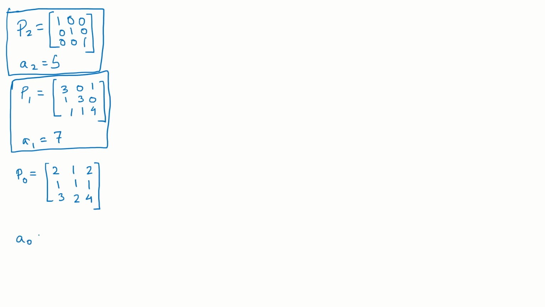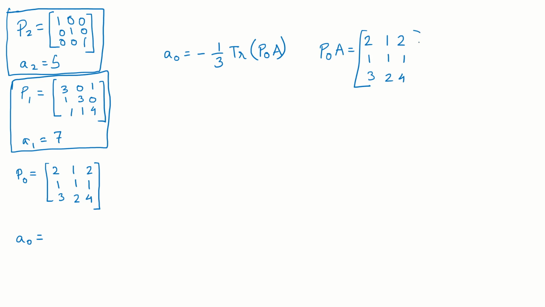A0 we are to obtain, so A0 is basically minus 1 by 3 trace of P0A. Here our screen went bad, so we are starting again from here. So P0A we need to obtain. What is P0A? P0 is 2 1 2 1 1 1 3 2 4.